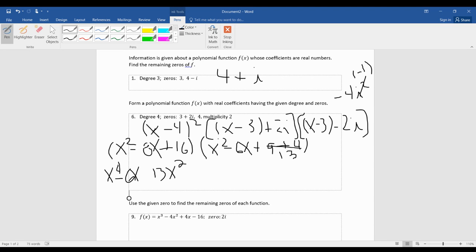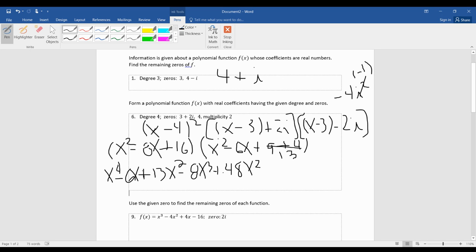Go back. This is cubed, and this is a plus here. Okay, then we take negative 8 times x squared is negative 8x cubed. Negative 8x times negative 6x is plus 48x squared.